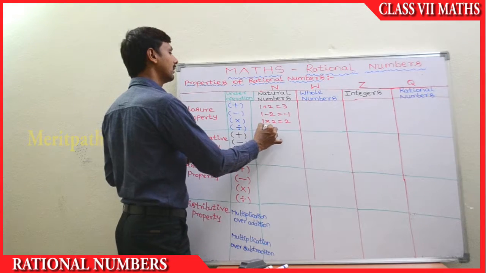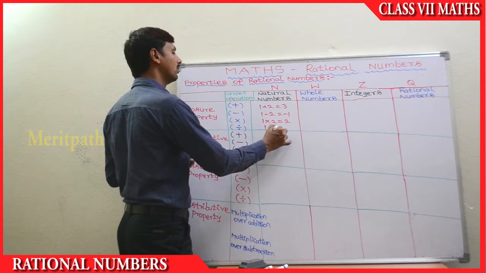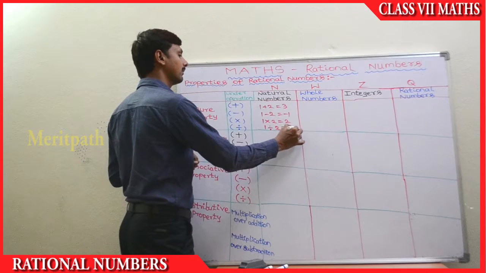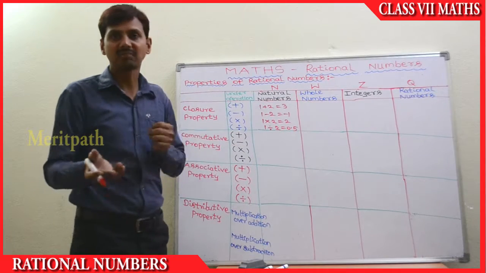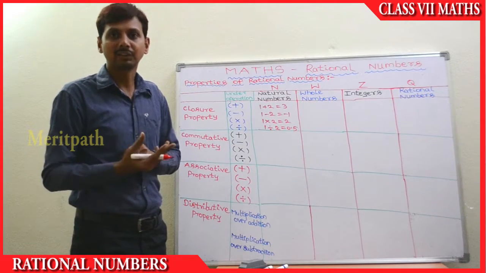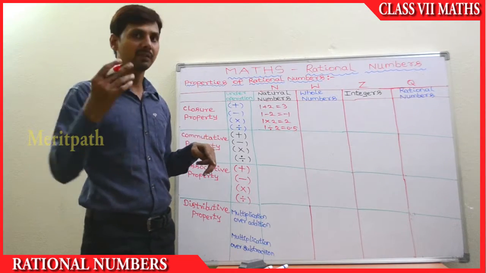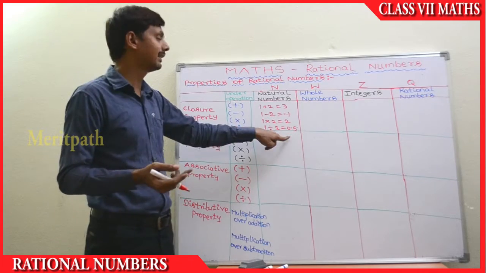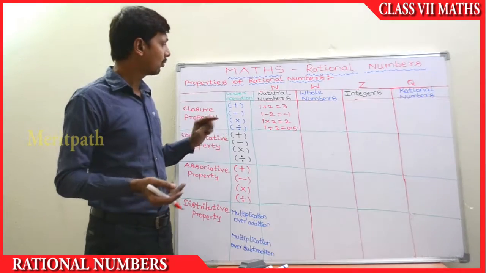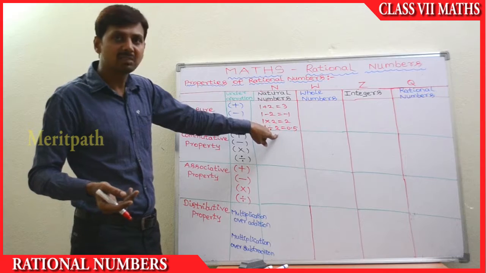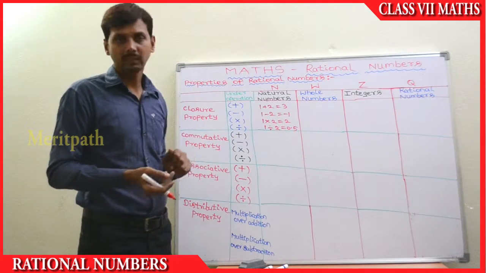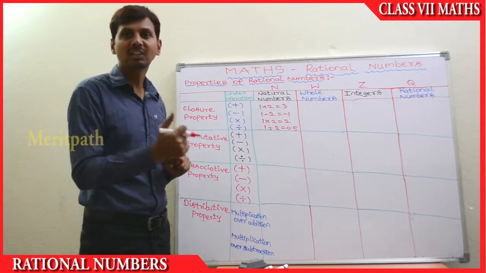So let's see the division. 1 divided by 2 is 0.5, or 1 by 2 only, it's a fraction. 1 by 2 itself we cannot divide, but if we divide in decimal places, we get 0.5. So two natural numbers we have taken and divided, and we got a decimal number which is not a natural number.